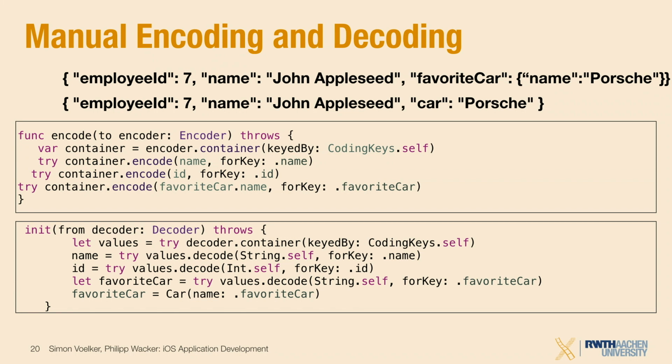The decoder is exactly the same, just the other way around. You initialize from this one, usually putting that into an initializer and decoding from the coding keys. The first ones are exactly the same as the default decoder would look like. However, in this last one, you say, okay, I want to decode for my favorite car, I want to initialize this string here, and then favorite car should have the favorite car initialized.